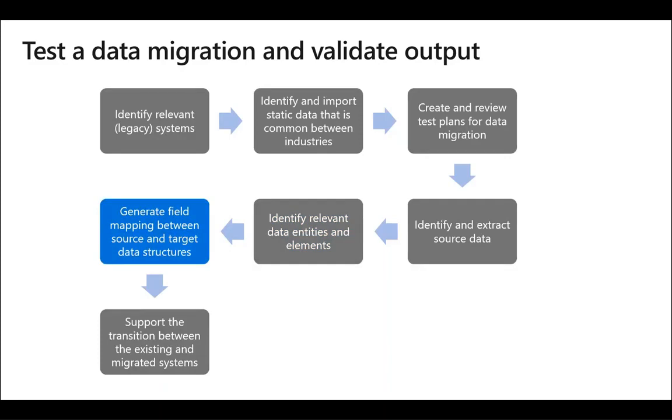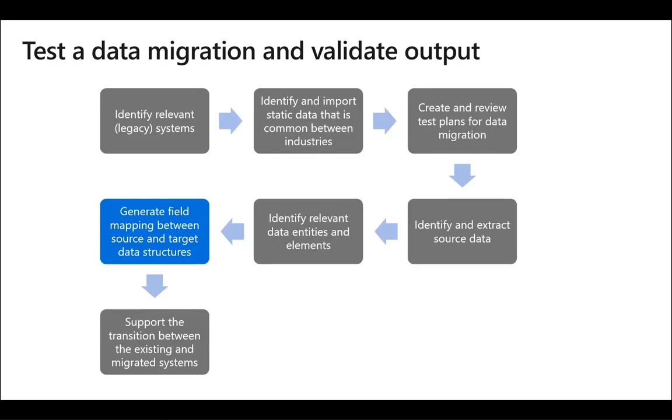The sixth step is to generate field mapping between the source and target data structure. First, we need to identify the format of the data source. We can view the format in data management from the configure data source tile.